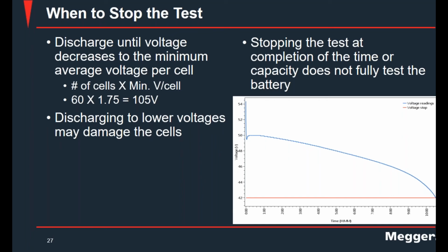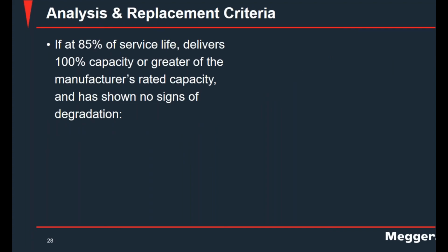The analysis and replacement criteria. I also mentioned a little bit of this before. If at 85% of the service life the battery delivers 100% of the capacity, it's like one of those persons that has some aging already but is in very good shape, and it's giving 100% capacity, then you don't need to test that frequently.